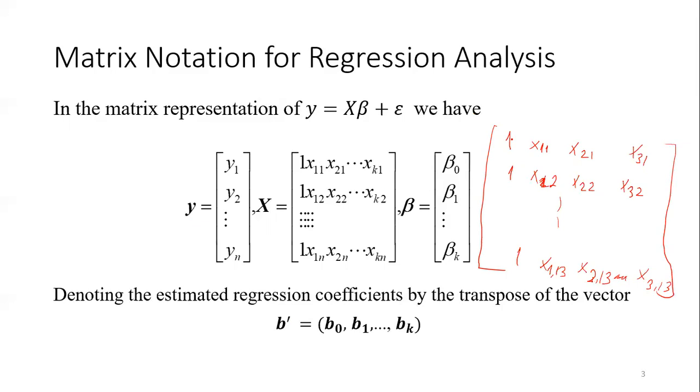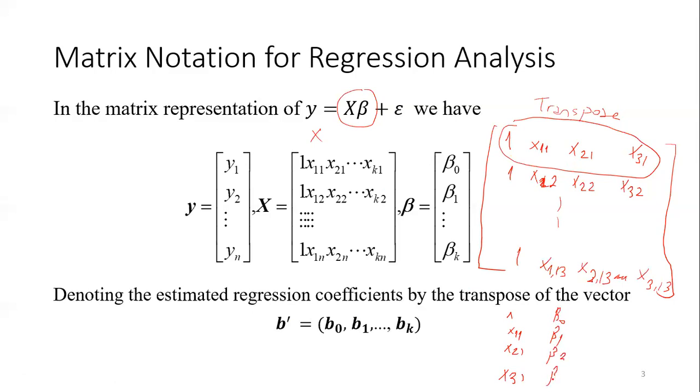When you multiply this with beta, because you have x times beta, you take this part and transpose it. Remember how you multiply matrices with vectors. You will have something like this: 1, x1,1, x2,1, x3,1, with the corresponding beta 0, beta 1, beta 2, and beta 3, and we multiply them.